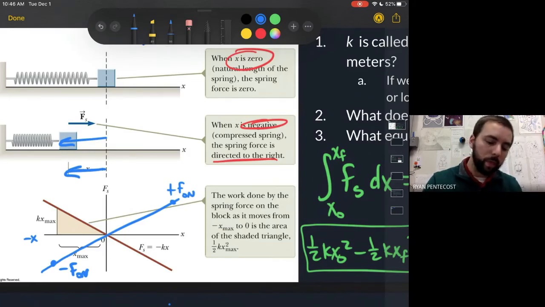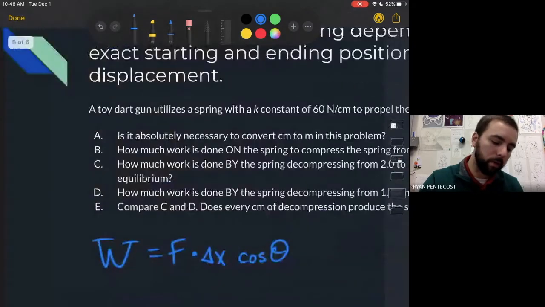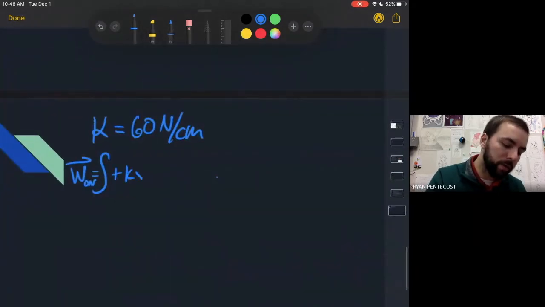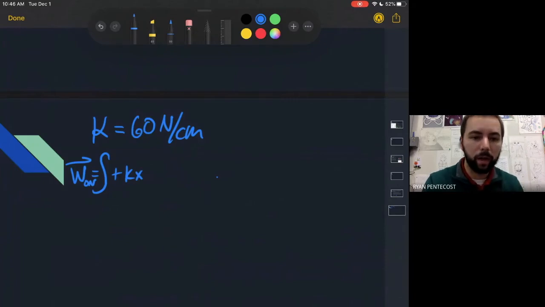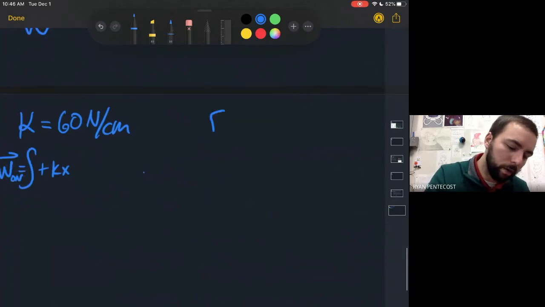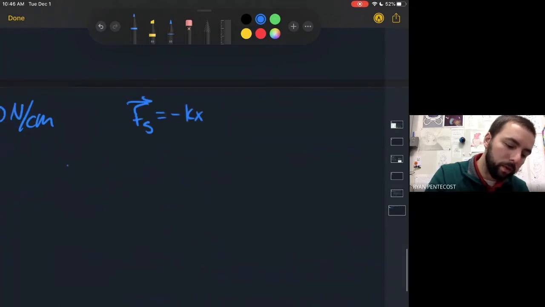So the reason I come back to this is because when we come down here and we want the work done on a spring, we'll integrate positive kx, not negative kx. So I'll actually write that over here. Force done by a spring is negative kx, but the force done on a spring is positive kx.